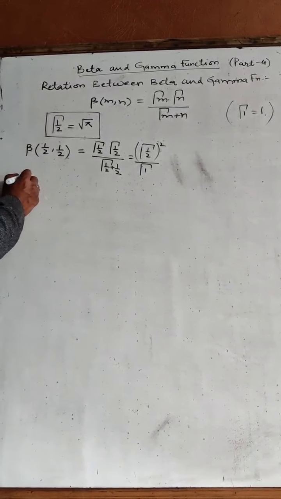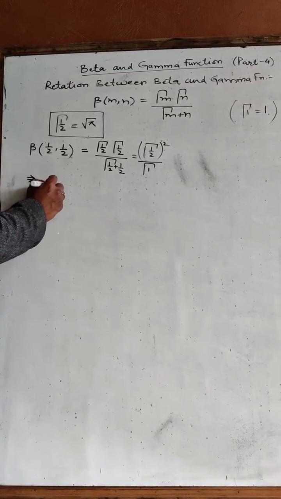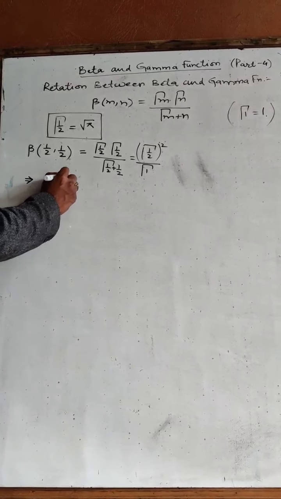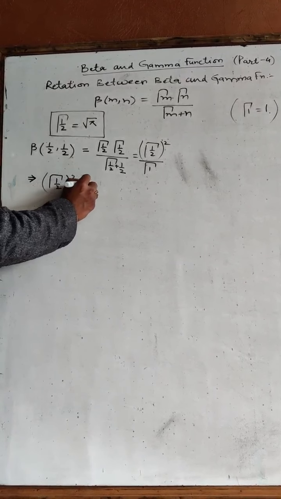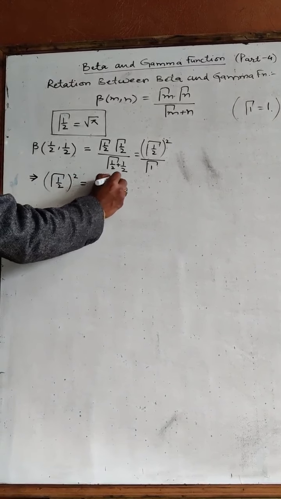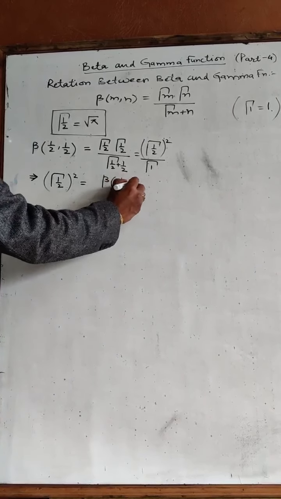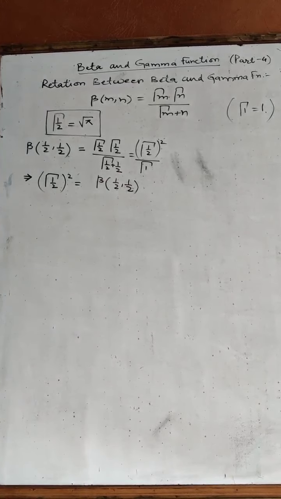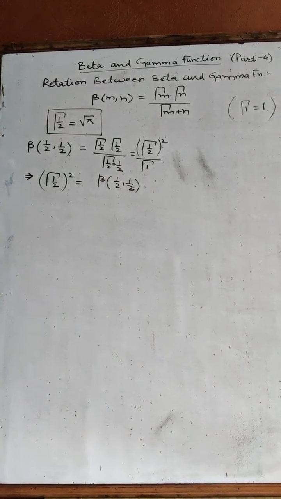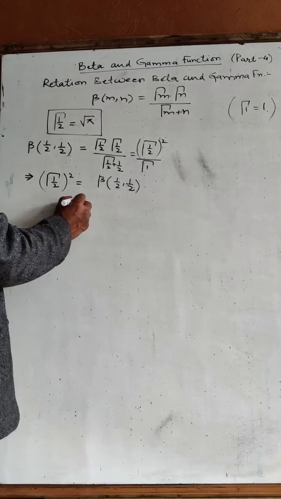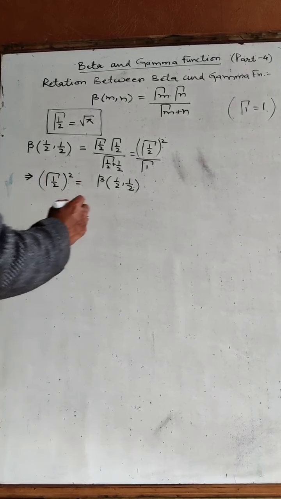So from here we will get gamma of 1 by 2 whole square is equal to beta of 1 by 2, 1 by 2. Now for beta of 1 by 2, 1 by 2, we will write its definition.